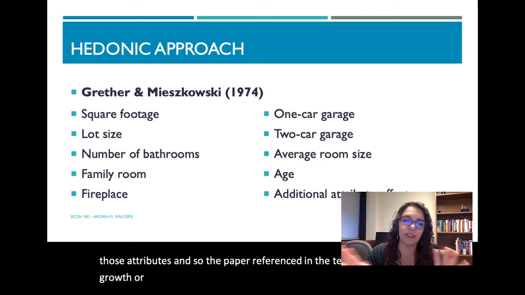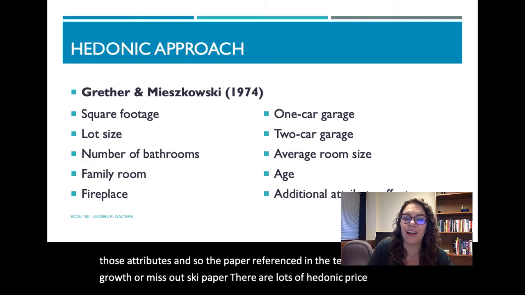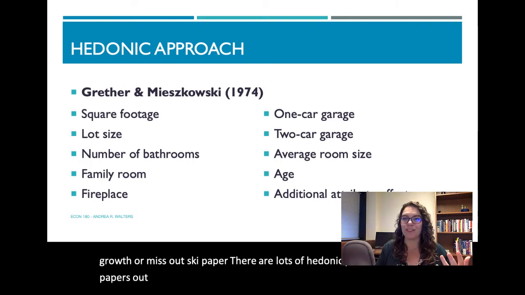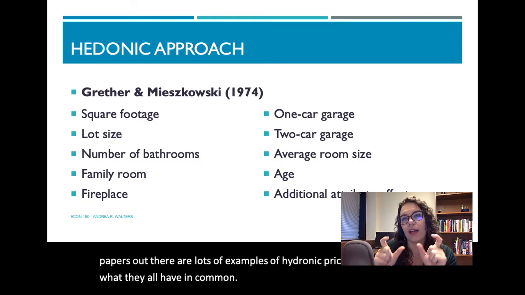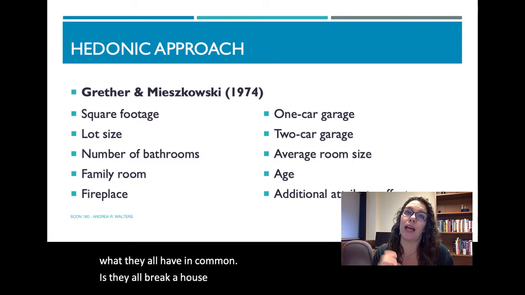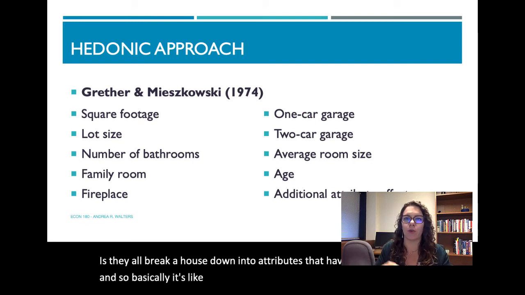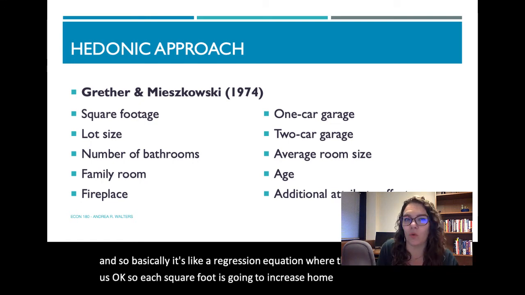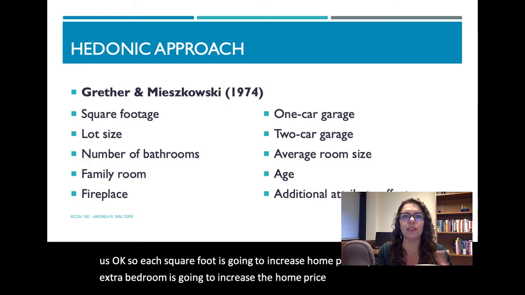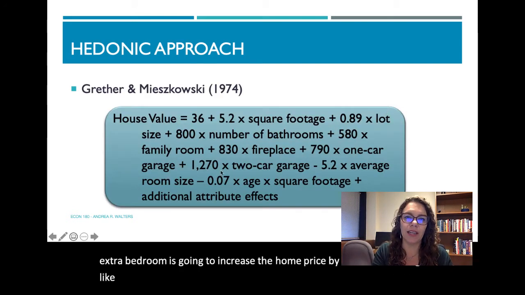There are lots of hedonic price function papers out there, lots of examples, but what they all have in common is they break a house down into attributes that have different values. Basically it's like a regression equation where the coefficient tells us, okay, each square foot is going to increase home price by $5, or an extra bedroom is going to increase the home price by $2,000, something like that. So you can get an equation like this.